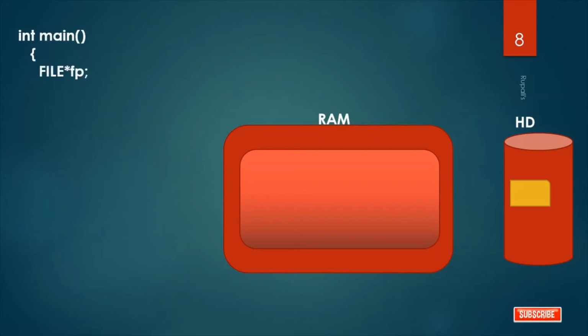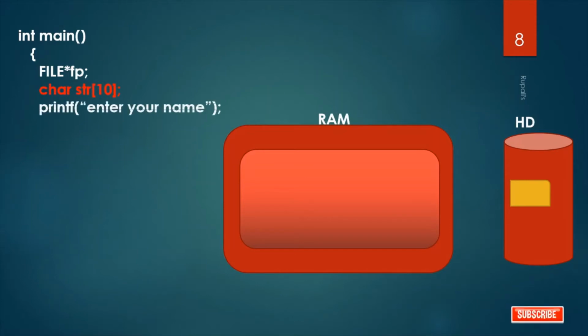First you declare a file pointer fp which holds the address of the file structure. I declare one character array str of size 10. Now I want to write my name to a particular file. So there is one printf statement, enter your name. Your name is stored in the string str using the gets function.